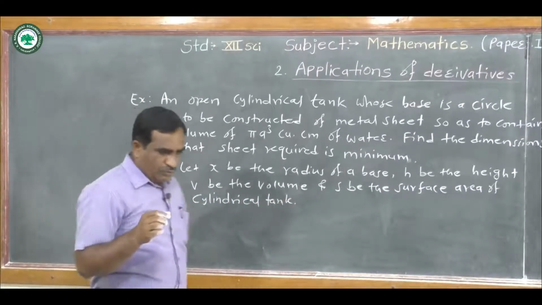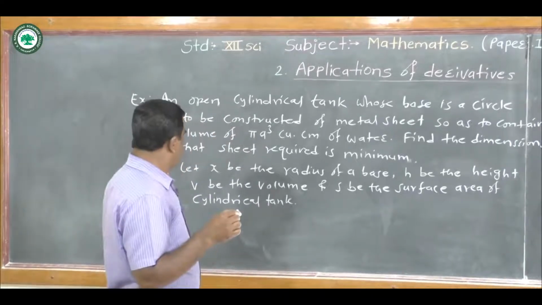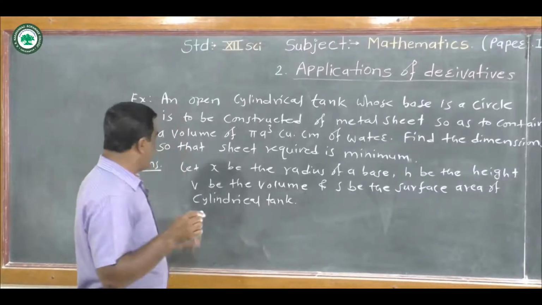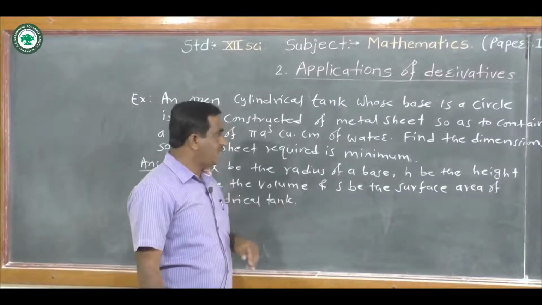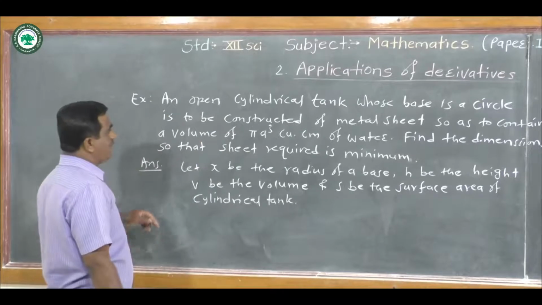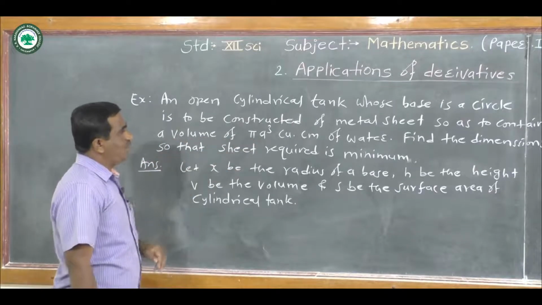Okay, now we know the values here. Volume of cylindrical tank V and surface area of the cylindrical tank S, but we have to use the given one here. Volume of cylinder is equal to pi into a cube.